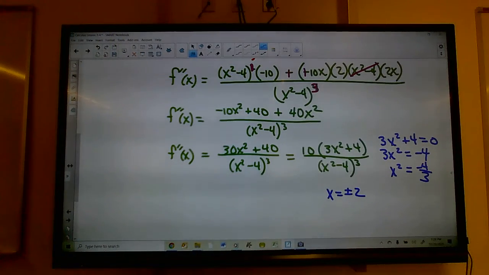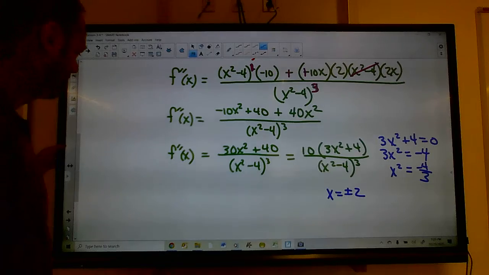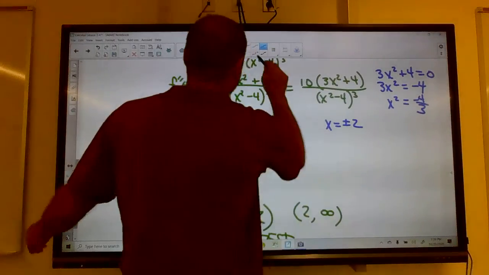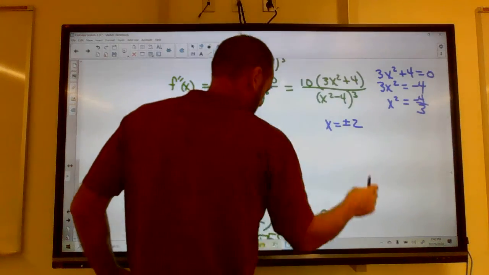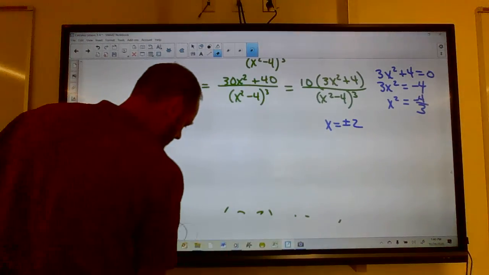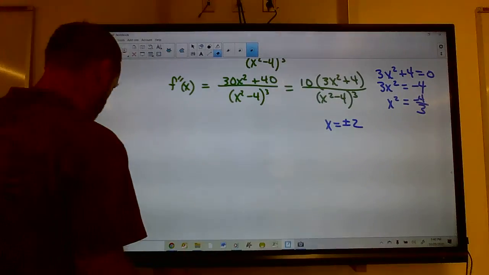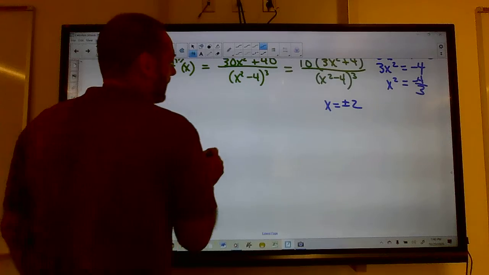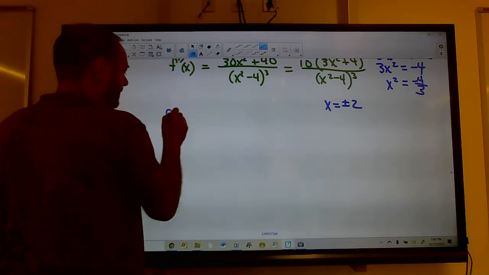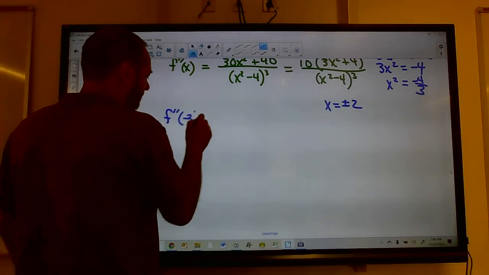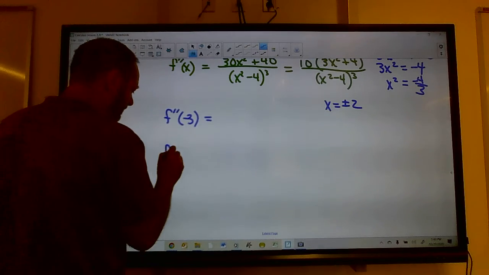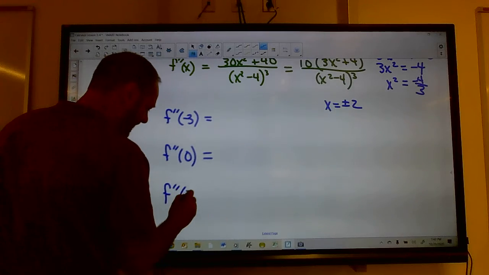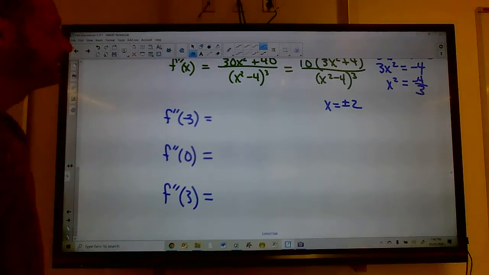All right, so I'm going to region test this thing at plus or minus 2. So if I do that, f double prime of negative 3, f double prime of 0, f double prime of positive 3.